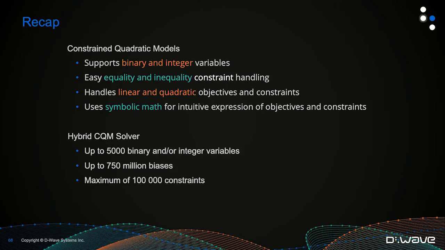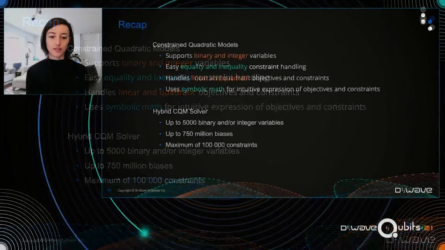The CQM handles linear and quadratic objectives and constraints. We only worked with linear, but again, on LEAP, we have examples that use quadratic objectives and constraints as well. And we also got to see how easy it is to use symbolic math to intuitively express our objectives and constraints.